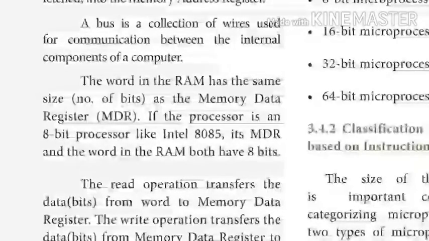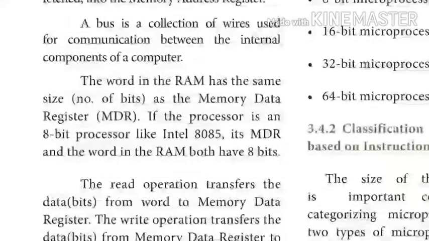A word in the RAM has the same size or number of bits as the MDR, the memory data register. If the processor is an 8-bit processor like the Intel 8085, its MDR and the word in the RAM must have 8 bits, okay.